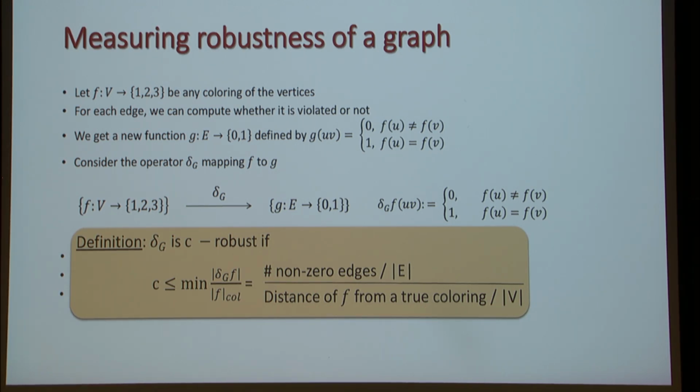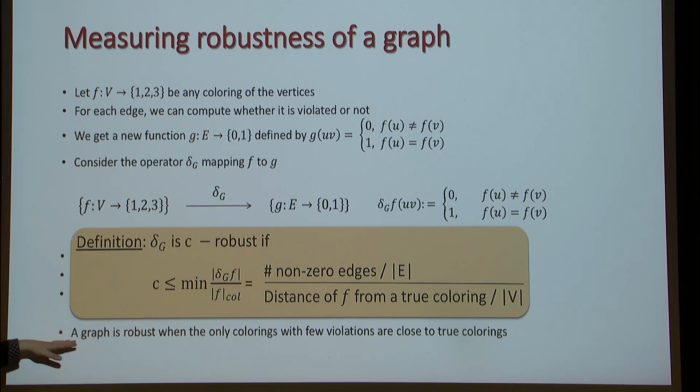Okay? If these two things are comparable, meaning there's a constant lower bound, then we say that this delta is robust. Okay, so this definition, the way it's written here, is intended to resemble some expansion. We'll talk about it soon.